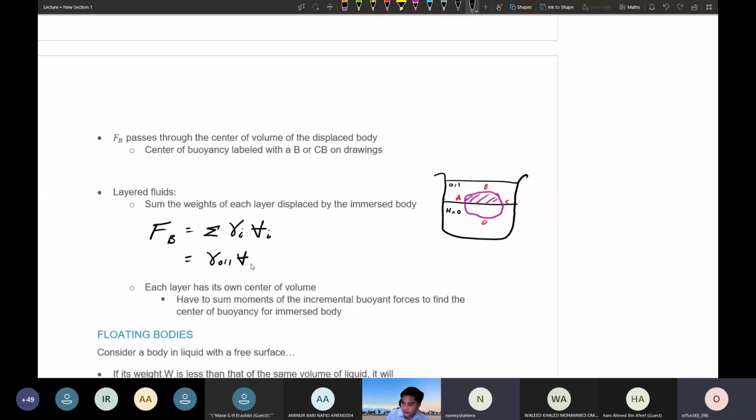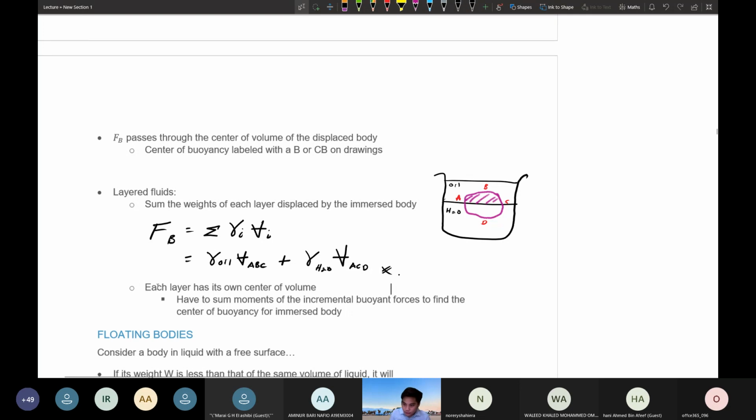Volume of ABC, plus gamma of water multiplied by the volume of ACD. Can you see it is simple on how to calculate the layer fluid?